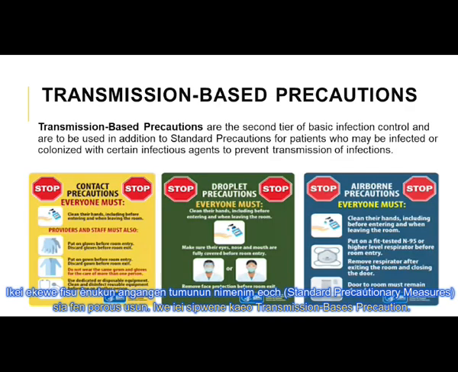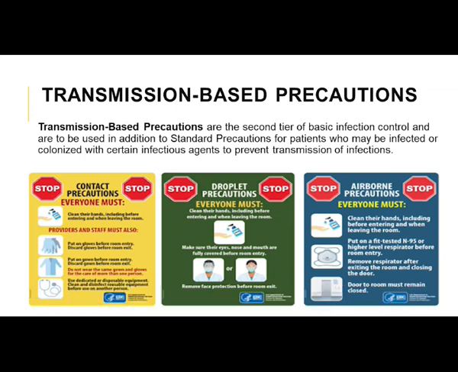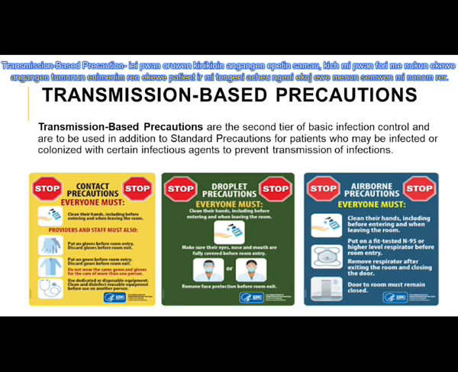Now let us move on to transmission-based precaution. So this is actually the second tier of basic infection control and can be used with the standard precaution. And it's used for patients who may be infected or colonized with certain infectious agents, for example, those microorganisms that are so resistant to all the common antibiotics.